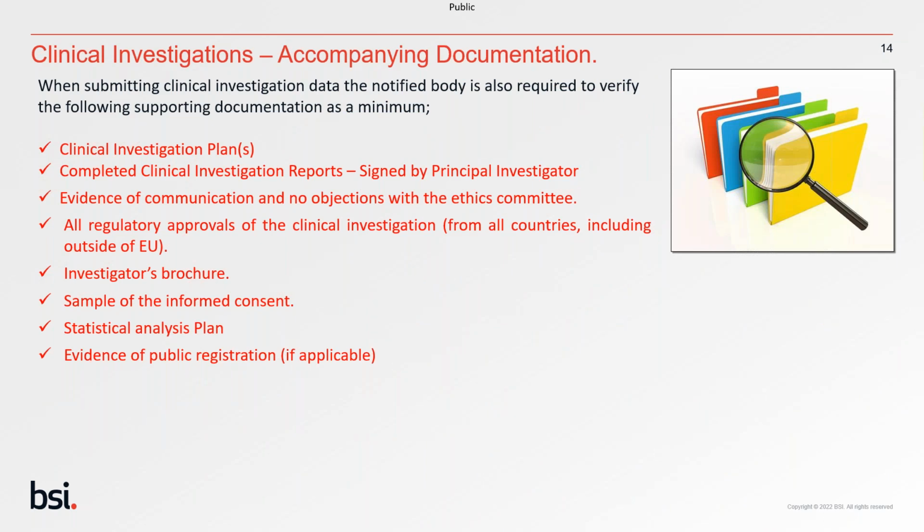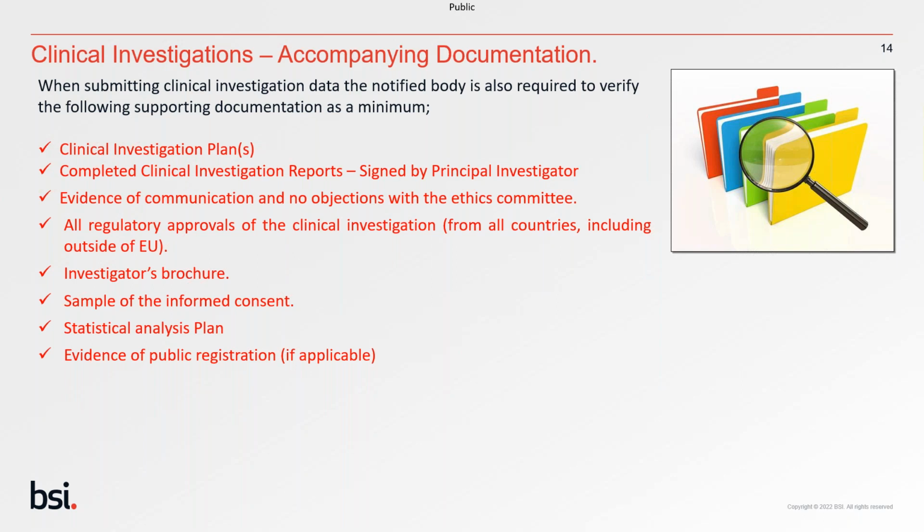So in terms of what documentation we need from you as a manufacturer in regards to your clinical investigations? Well, when you submit your clinical investigation and CER for your conformity assessment, this is the list of what we need. It ranges from pretty much what we've talked about. There are some other items to consider, such as the investigator's brochure and some evidence of public registration, if that's applicable.